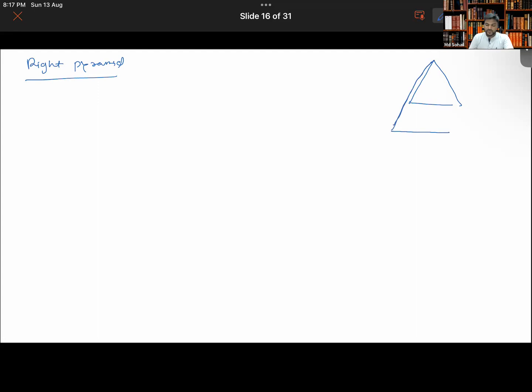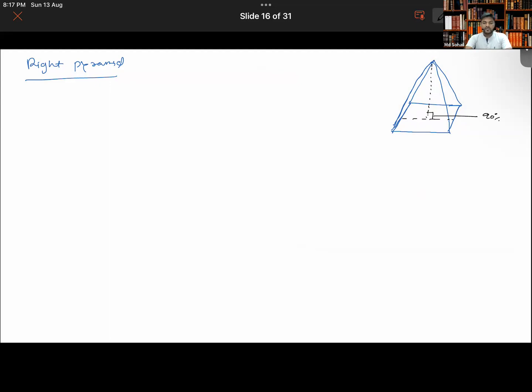Excuse my drawing, it might not be very neat. Let's say that is a pyramid over here, and from this vertex you can draw a perpendicular line to the opposite face over here. That is actually 90 degrees over here. So that is a right angle pyramid.